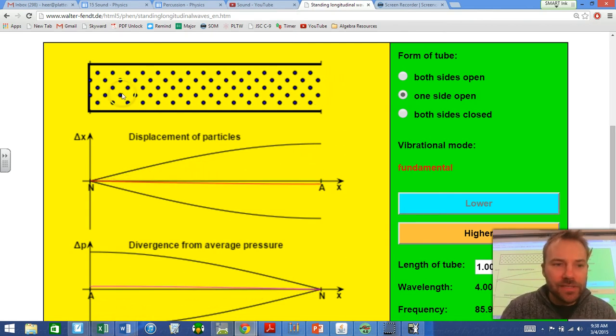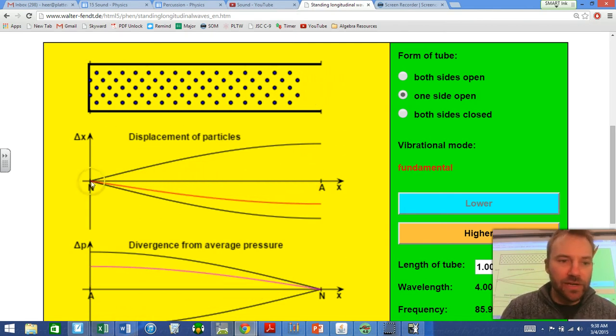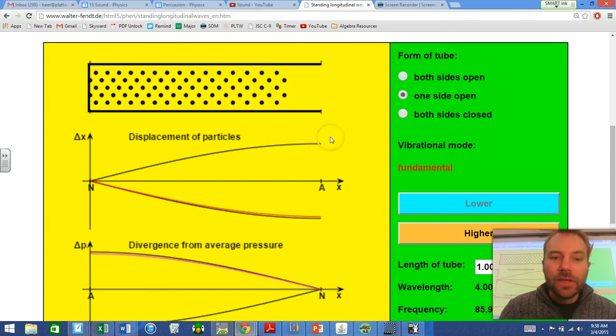Now when you look at this displacement graph, this is 1/4 of a wavelength.